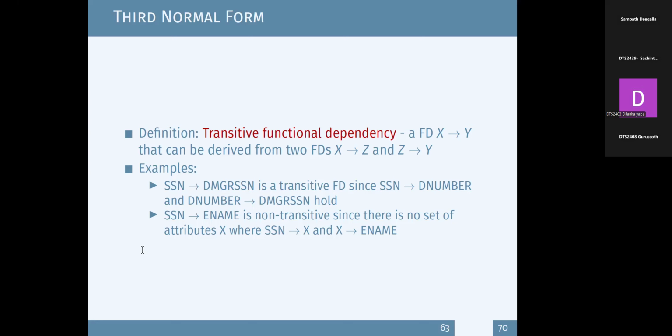Now, in third normal form, we normally say that you disallow any transitive functional dependency. Transitive functional dependency means something like this.